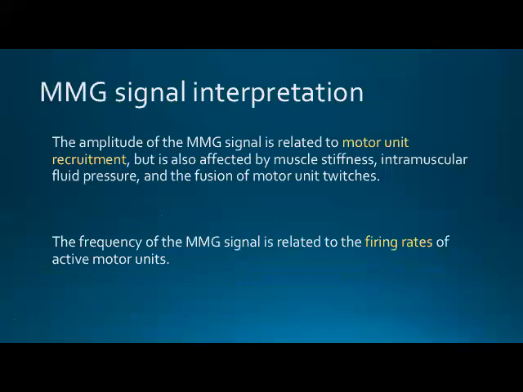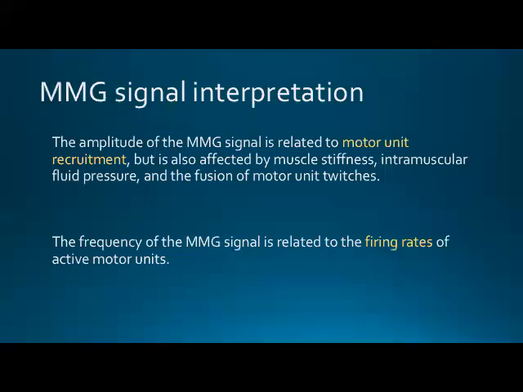So if we have both of these, EMG and MMG, it allows us to better interpret our motor control strategies, because MMG amplitude is a reflection of recruitment. So we know that if MMG amplitude increases, it is because you are recruiting more muscle fibers, more motor units. If we look at the frequency, that's a derivative of the firing rate.